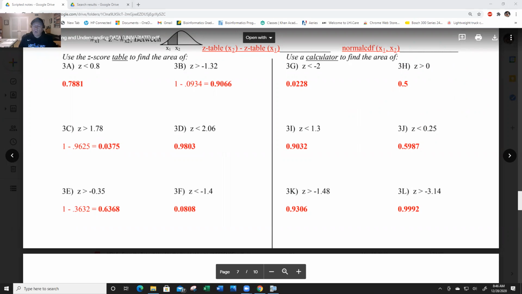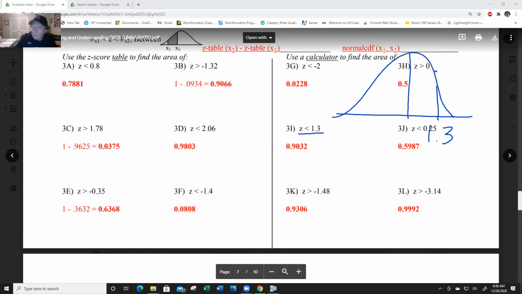Next, the area below a z-score of 1.3, no problem. So what I'm going to do real quick is draw this, the area below 1.3. I know 1 is the 84th percentile.